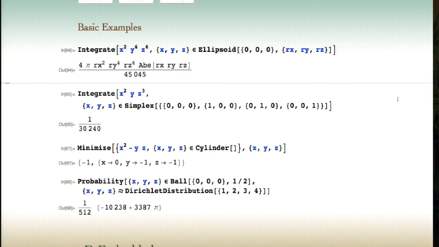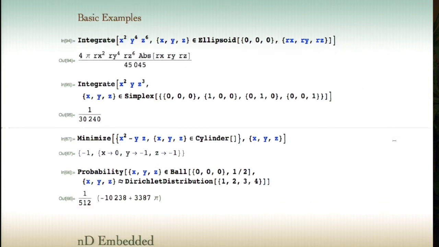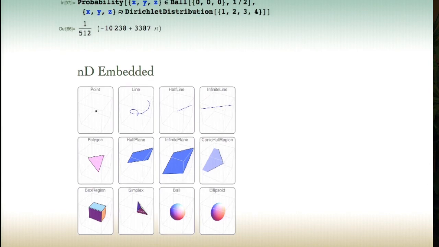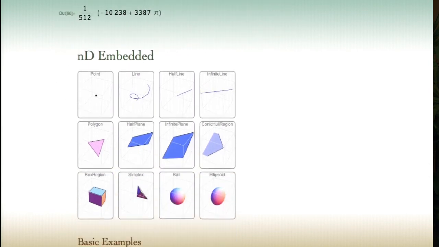Same thing for simplices and so on. Cylinders. Now I'm optimizing over a cylinder, again computing some probability over a ball. Oh, it's still working. Okay, the n-dimensional ones.